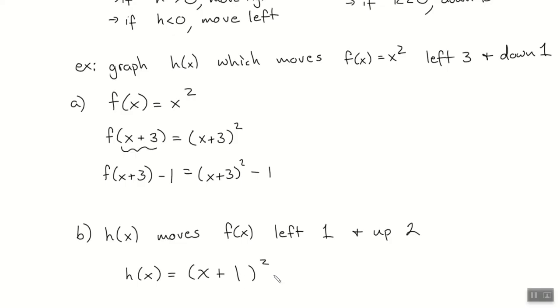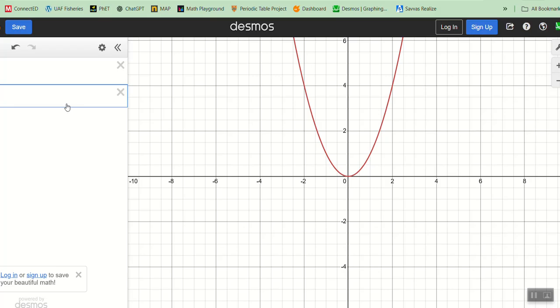Plus 1. What if I wanted to move up 2? Plus 2. So, Beatrice, I 100% understand why you would want it to be minus, because this one's opposite. The outside is not. And because it's that x minus h format, if h is positive, you get x minus some number. So let's check. If we do x plus 1 squared plus 2, does it do exactly what we want it to? X plus 1 squared plus 2, left 1 and up 2.